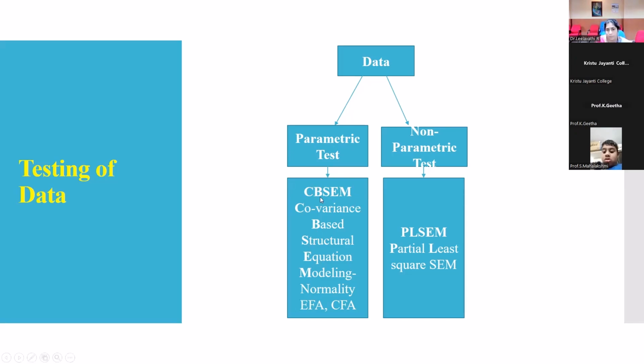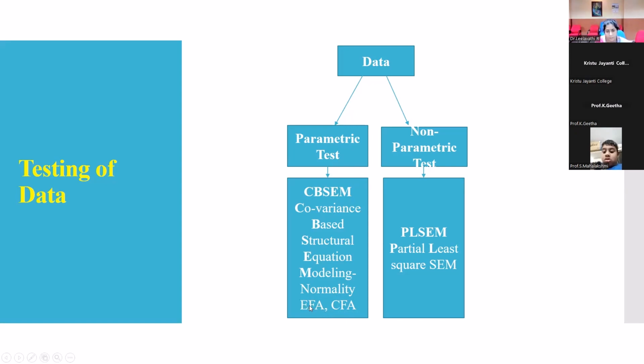Whenever we are talking about CBSEM, before developing the final model there is a procedure. First we need to do a factor analysis, then an exploratory factor analysis, then a confirmatory factor analysis. There is a difference between exploratory and confirmatory factor analysis. Many will say, ma'am, I did the exploratory but I didn't do a confirmatory factor analysis. These two are very important.